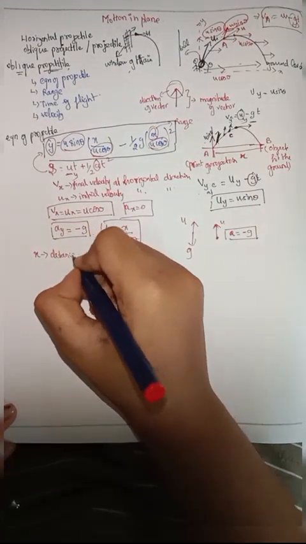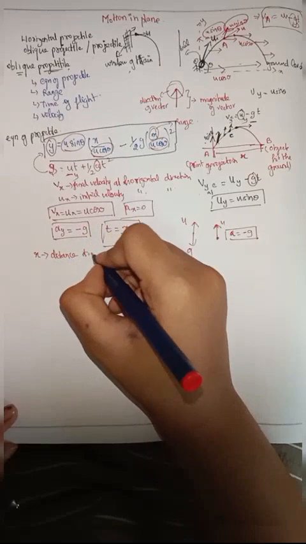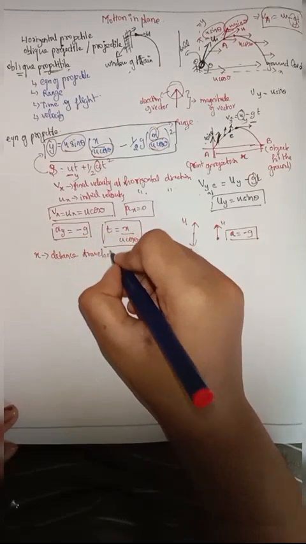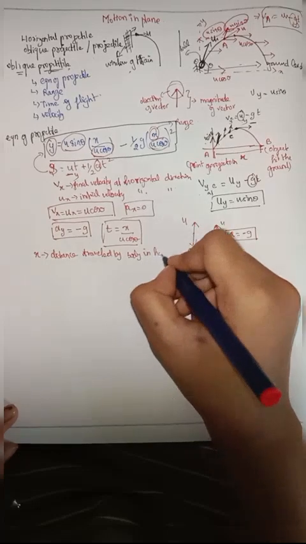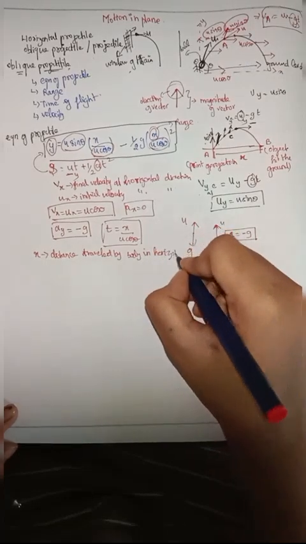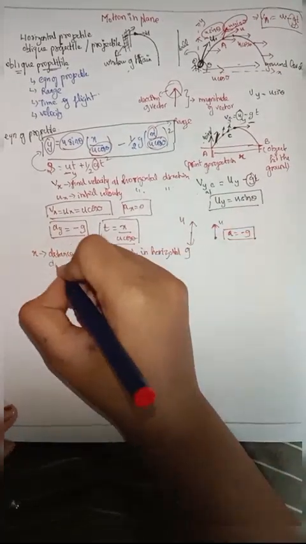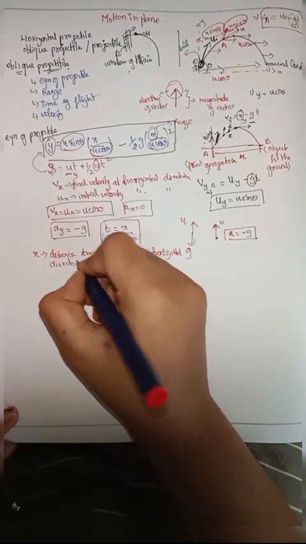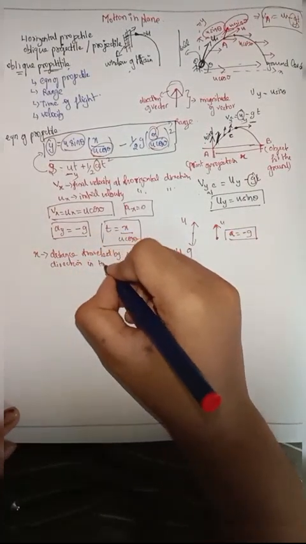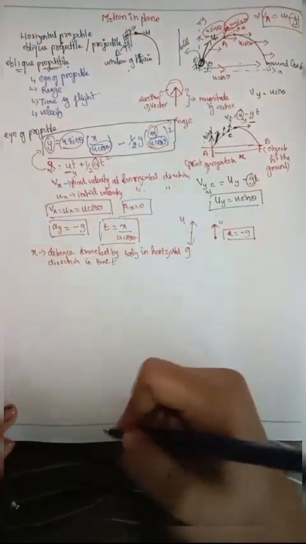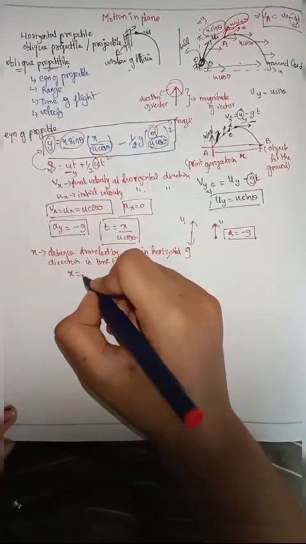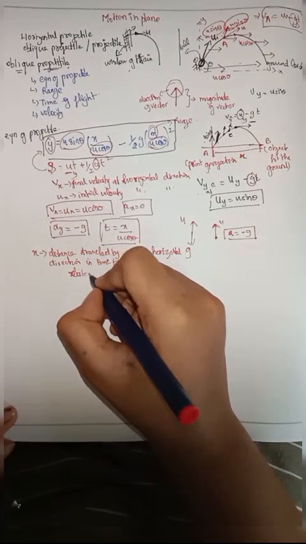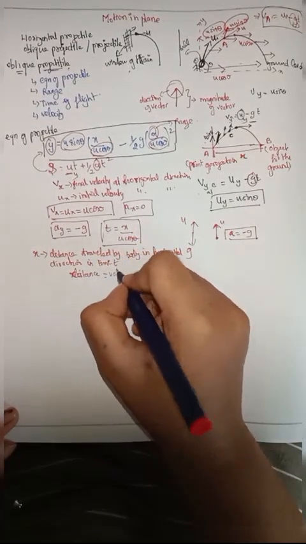Distance traveled by the body in the horizontal direction in time, let's take time as t. The distance formula is nothing but distance equal to velocity into time.